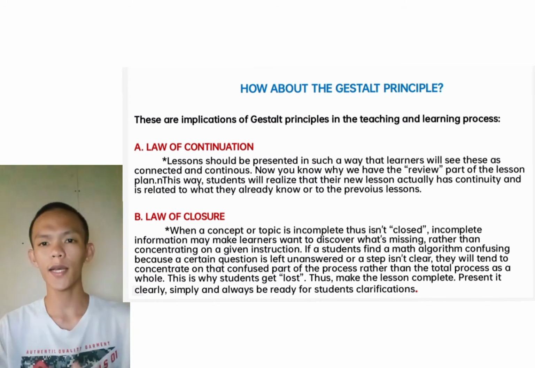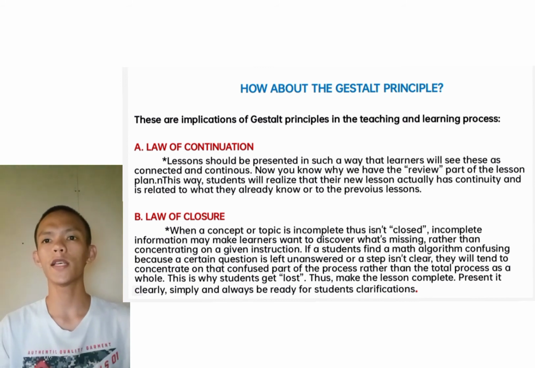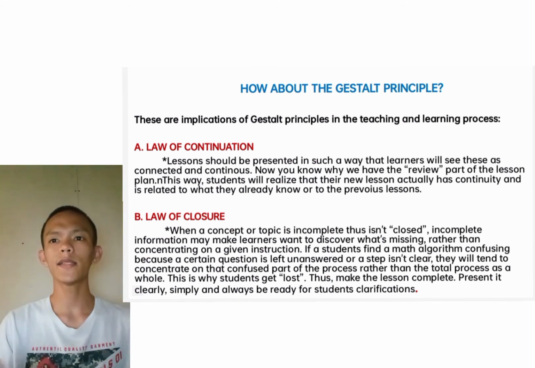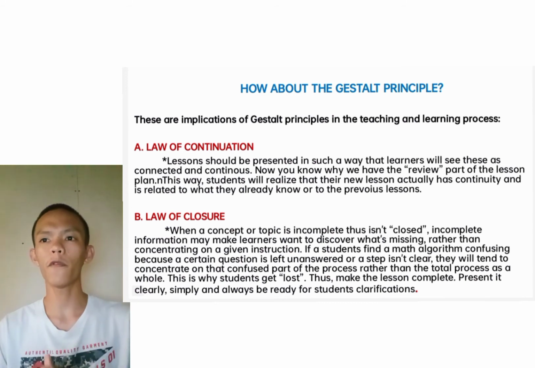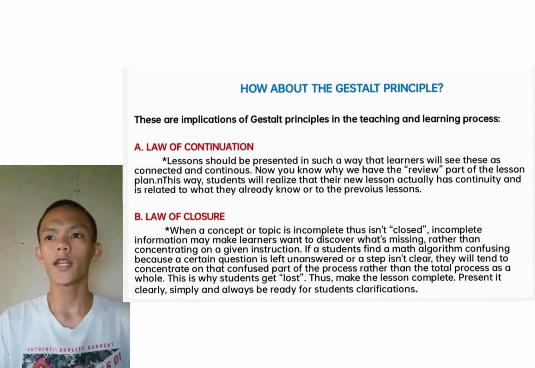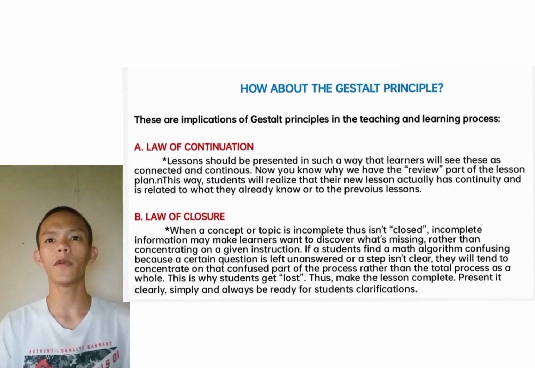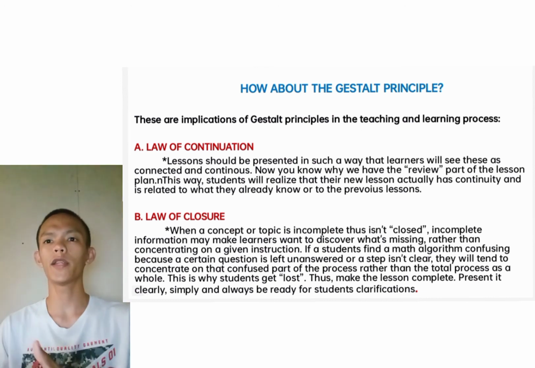And the second is law of closure. When a concept or topic is incomplete, or isn't closed, the incomplete information may make learners want to discover what is missing rather than concentrating on the given instruction.